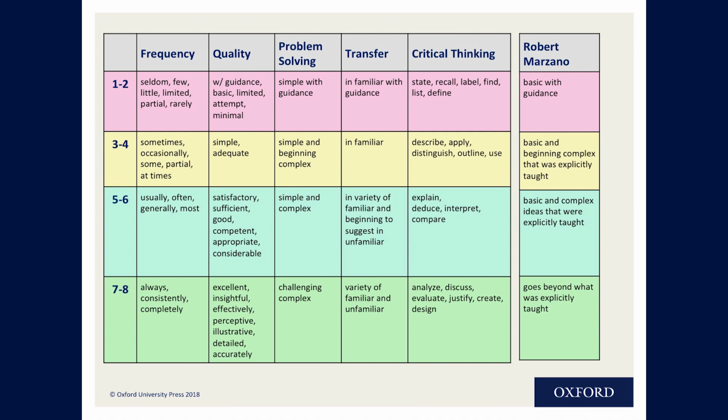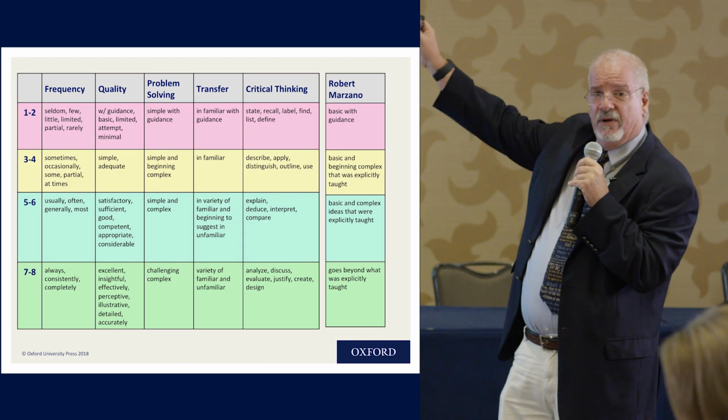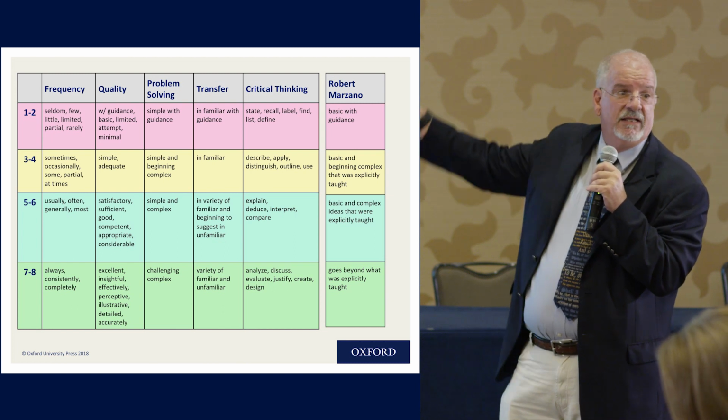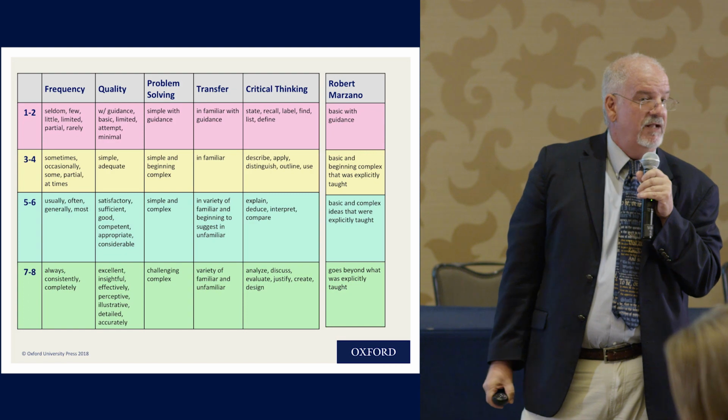When we look at transfer, it's from familiar all the way to unfamiliar. And when we look at your critical thinking using Bloom's, it's from the basics of stating and recalling all the way to analysis, synthesis, evaluation. Robert Marzano, I just put him up if any of you are familiar with his scale. It's basically the same scale.